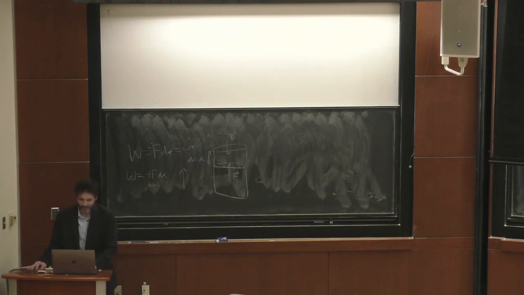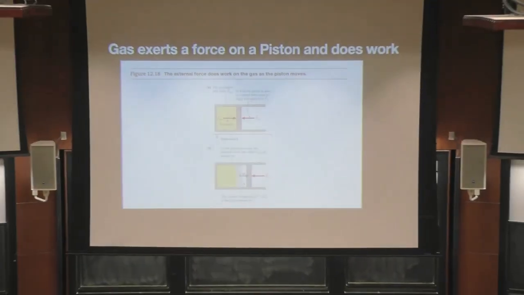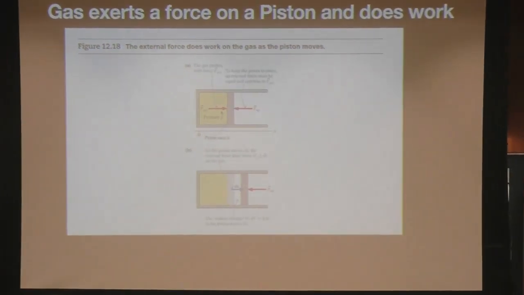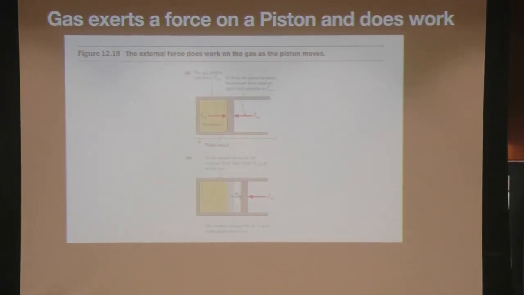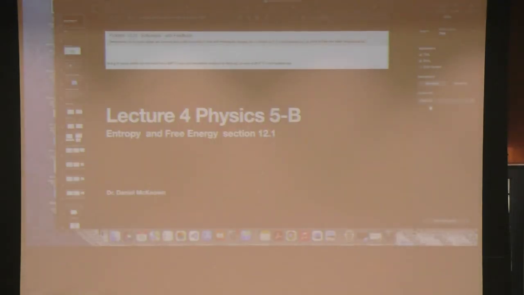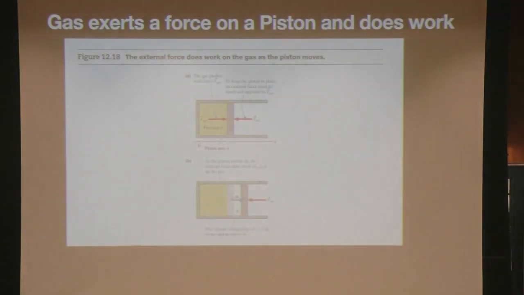So the sign convention, here we have that the gas pushes with force, pressure going this way. And then there's an external force in place to keep the piston, and so it should be equal and opposite. So that's one example. And then we have displacement. As the piston moves dx, the external force does work on the gas.